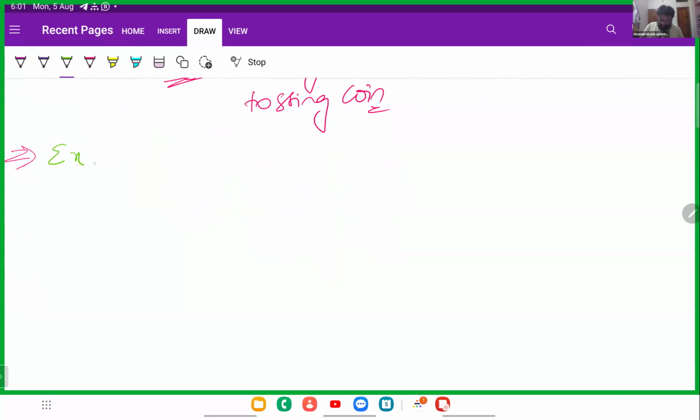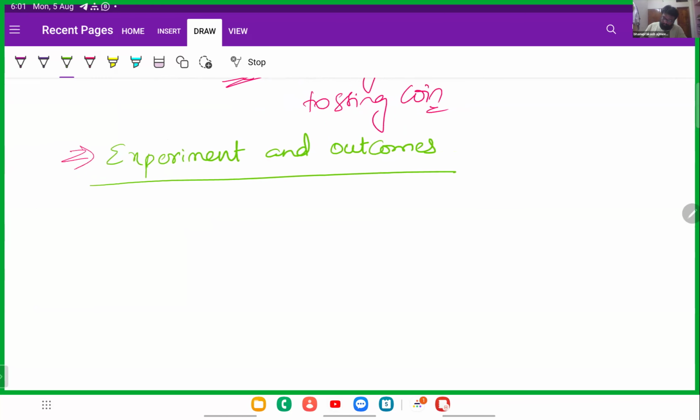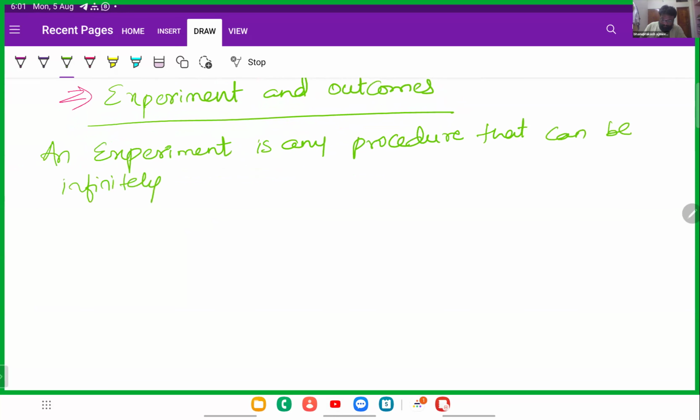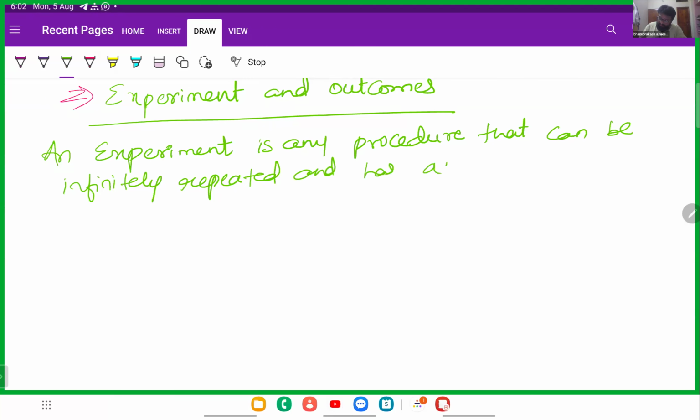Next, experiment and outcomes. An experiment is any procedure that can be infinitely repeated and has a well defined set of possible outcomes known as sample space.